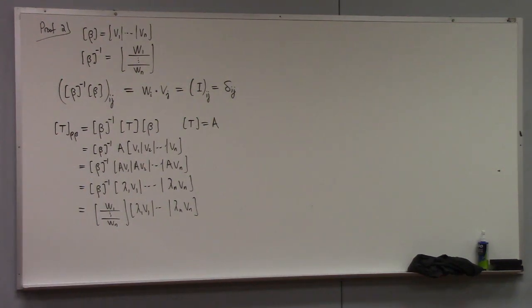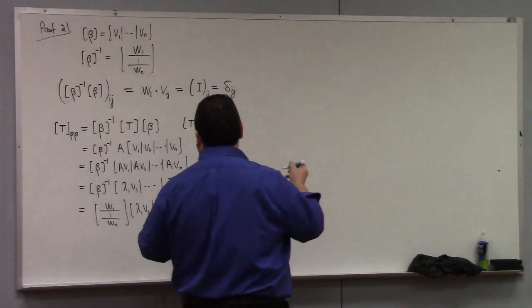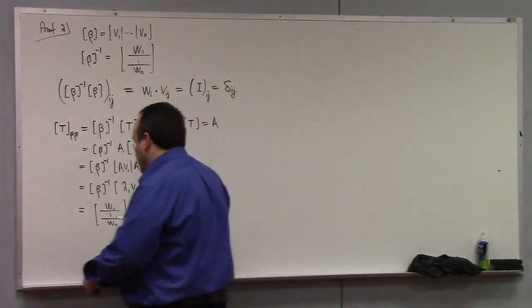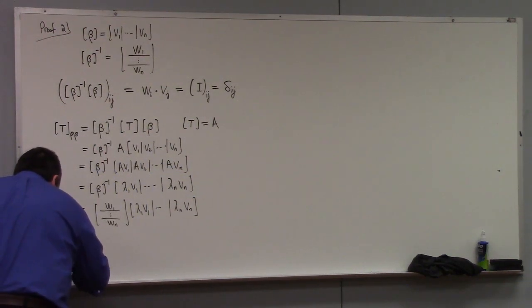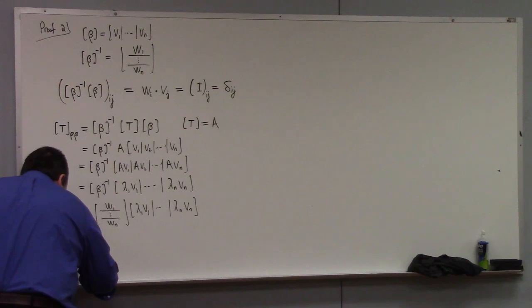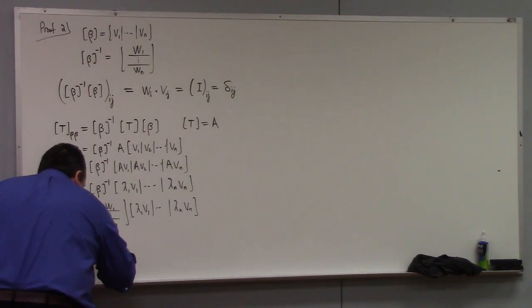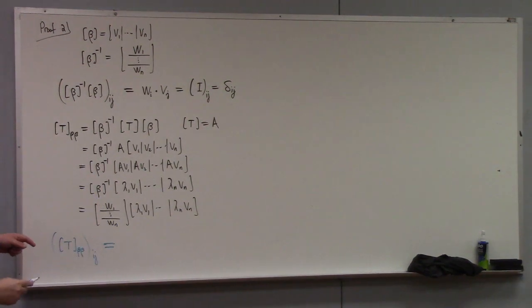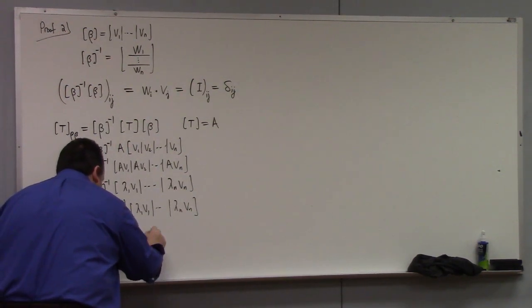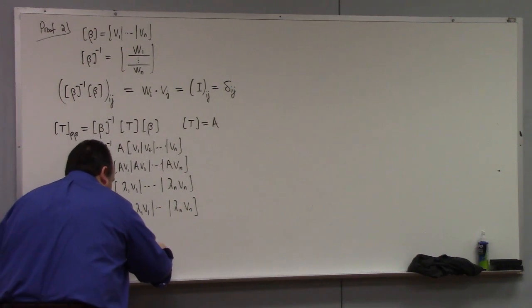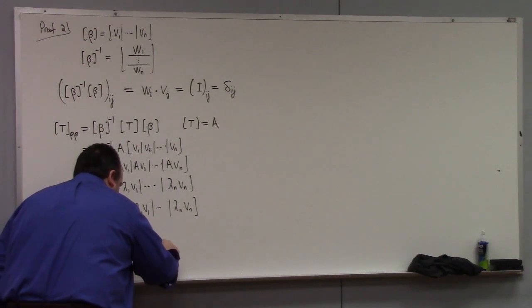At this point, let us just calculate the ijth component of it. So what is the ijth component of T beta beta? We're supposed to take Wi and dot it with the jth column of this. What's the jth column of that, though? It's just lambda j Vj, right?